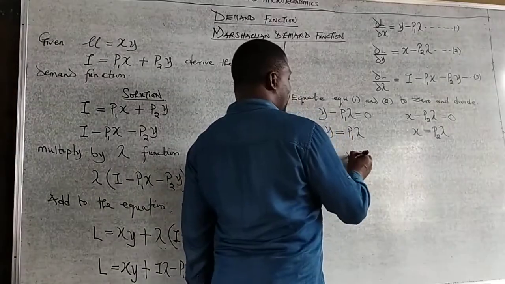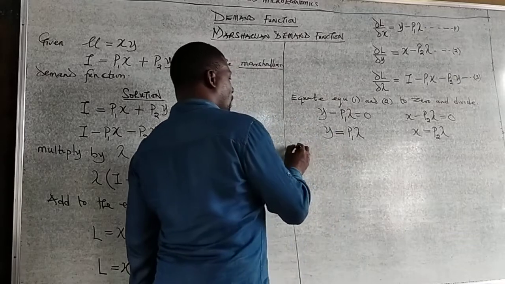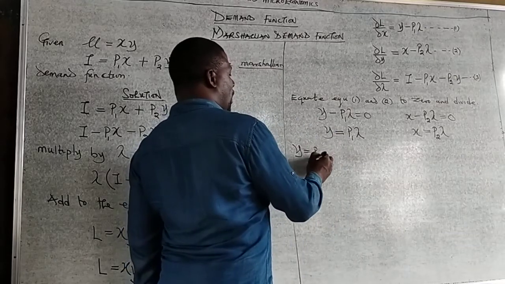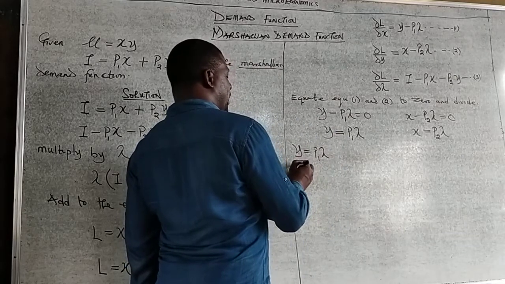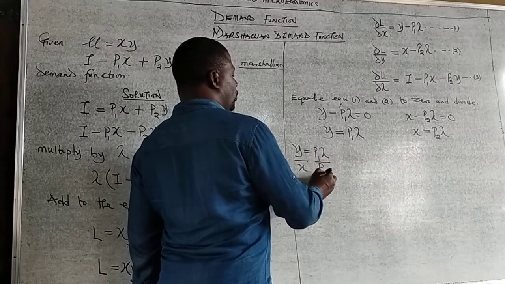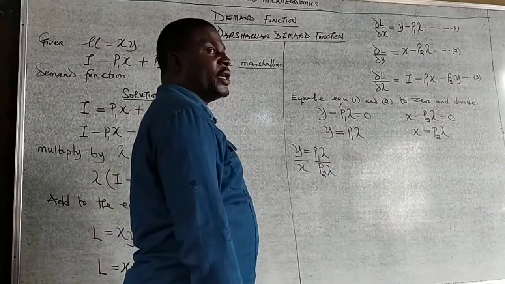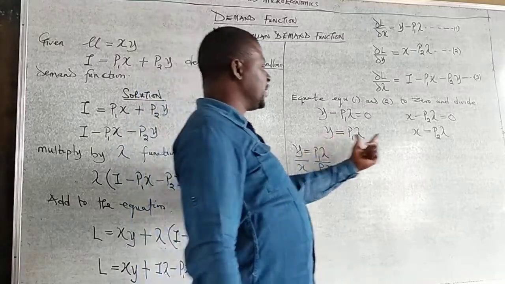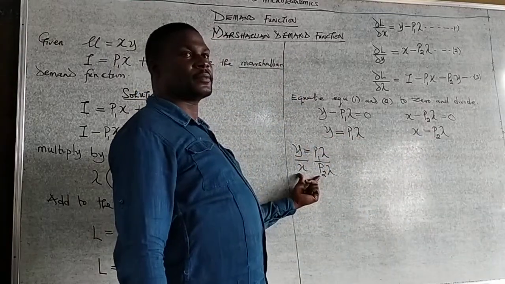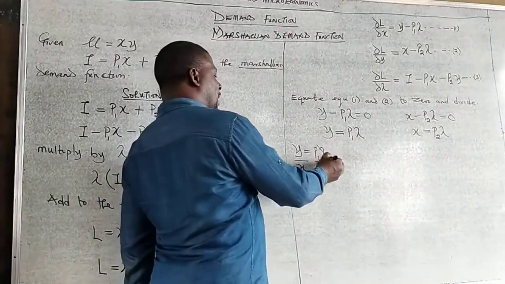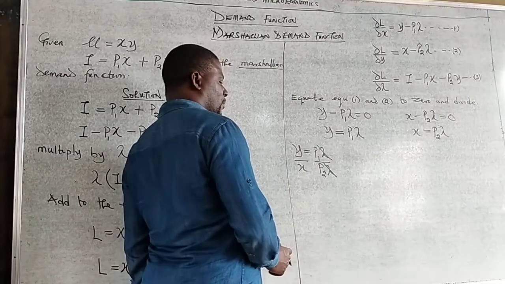So y over x equals p1 lambda divided by p2 lambda. I'm dividing this by this. So lambda can cancel lambda. Is that right? Yes, sir.